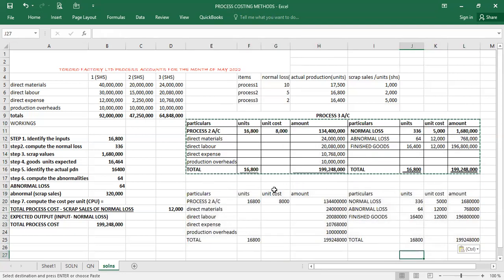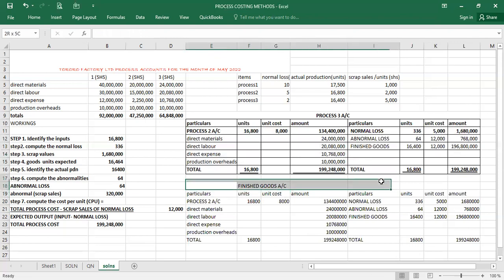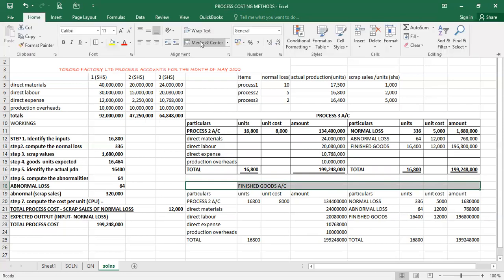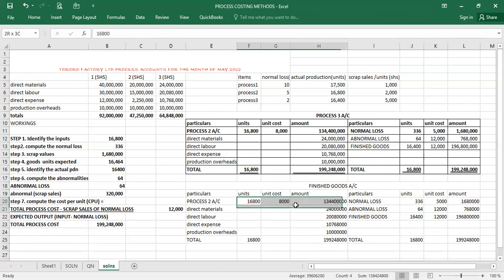So this is what I'm telling you. This we call it finished goods. Finished goods account. So we can try to make it a bit, merge it. Okay, this we don't need it.